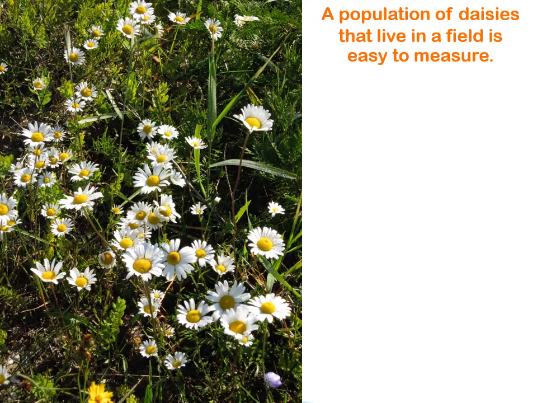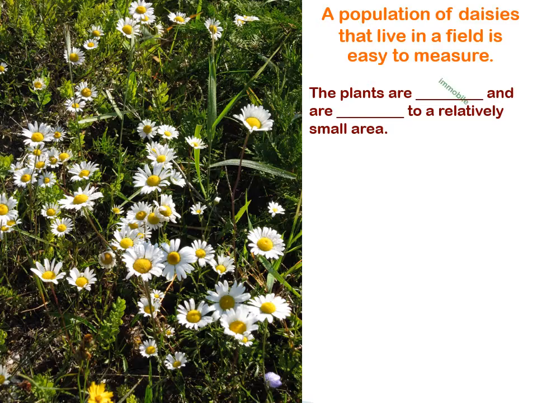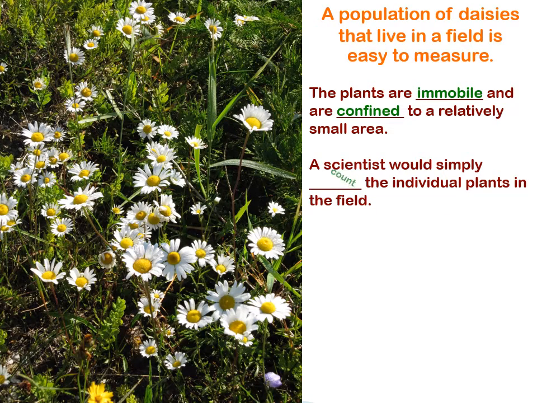However, you could also have really, really huge numbers in there that would just make it very tedious. So plants are immobile, which means they cannot move, and they are confined to a relatively small area. And so then if you have a small area, even if there's large numbers, it is possible to count them. So we could simply just go in and count the individual plants in the field.